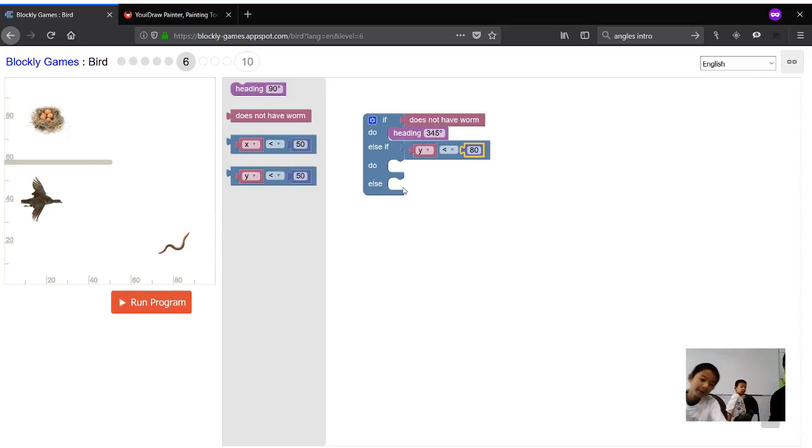Enter. Do 90 degrees, right? You're right. So it's already at the right value. Wow. Good work. You figured that out really fast.